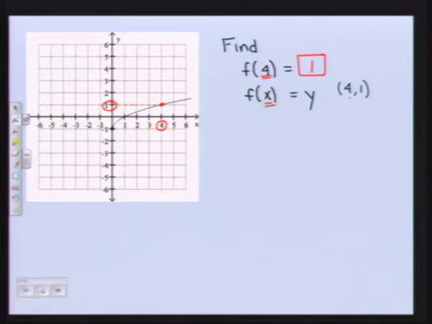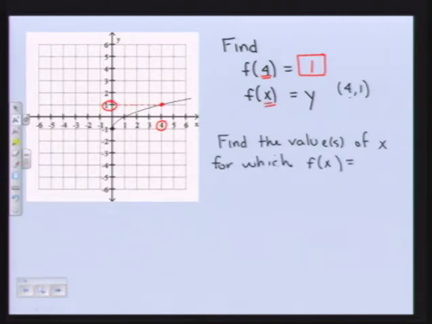Now, if we want to find the value or values of x for which f of x equals, let's go with 0. Well, in this case, same thing, we have f of x equals y.